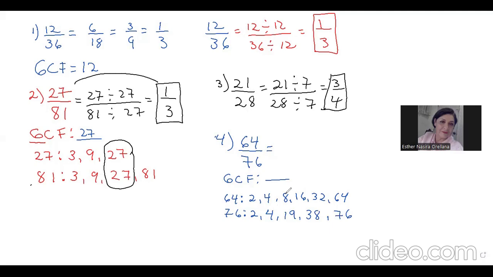The greatest common factor here that we can use is only the 4. Let's use that. 64 divided by 4, 76 divided by 4. Let's find the answer. 64 divided by 4 is 16.